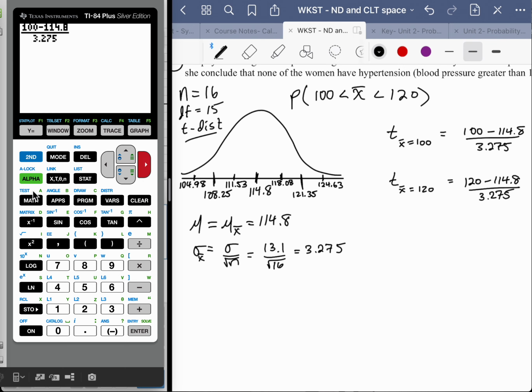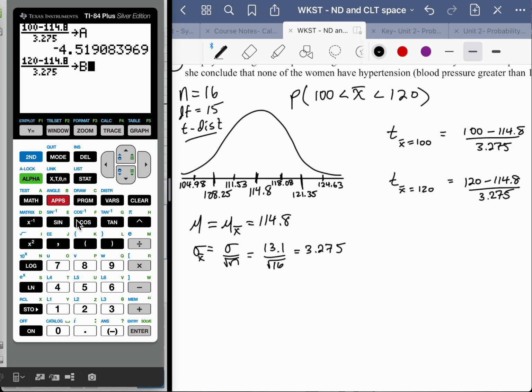So the first one I'm going to store as A. And the second one, so second enter to bring up the previous computation, if you didn't know. 100 changes to a 120 and make the A into a B, just so you don't have to worry about typing these values again.